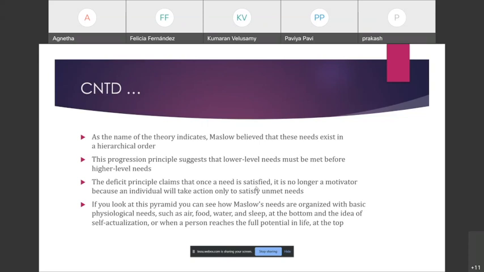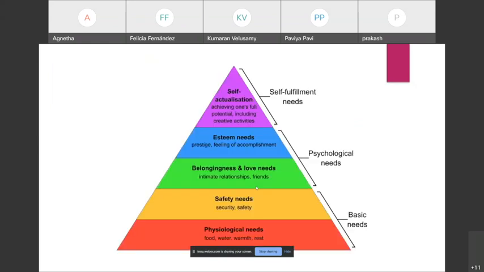So that is basically Maslow's hierarchy of needs. Okay, so if you look at this one, this is basically the pyramid. It's a very, very famous one. So you have your physiological needs, which are the most important, your basic needs, which are food, water, warmth, rest. Then you have your safety needs, which is safety and security.